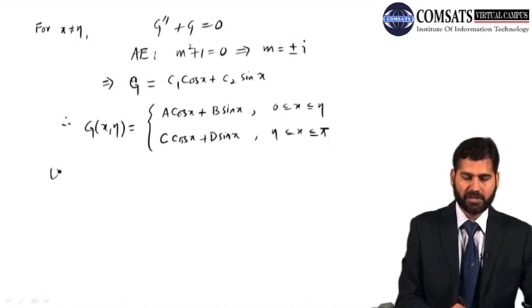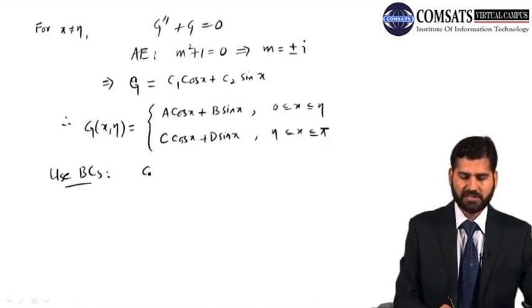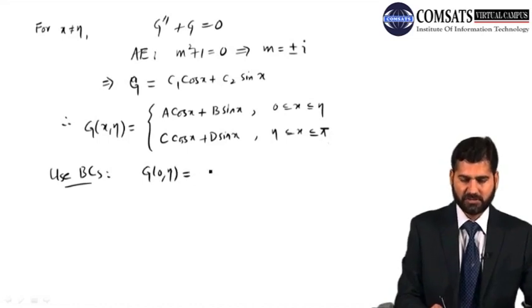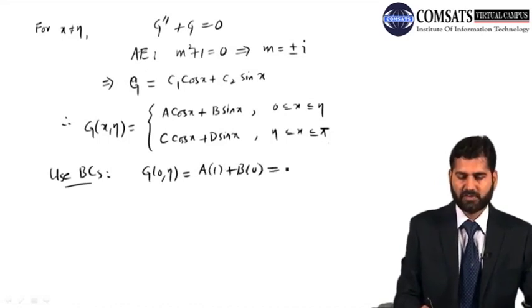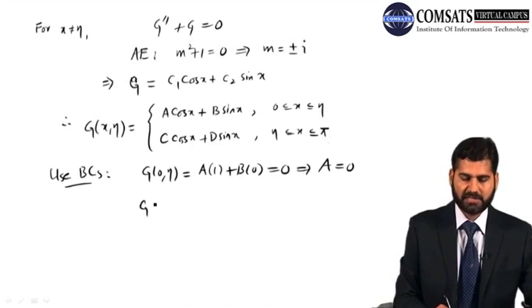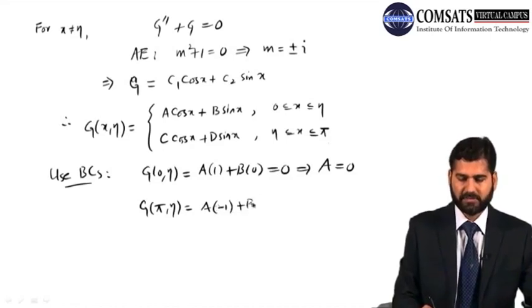Now use boundary conditions. If we use boundary conditions, we can reduce these 4 coefficients to 2. So first condition is that g(0, eta) is equal to 0. It means a cos 0 is 1 plus b sine 0 is 0, so that is equal to 0, which implies that a is equal to 0. Similarly, g at (pi, eta) is c cosine pi, which is negative 1, and d sine pi, which is 0, equal to 0.